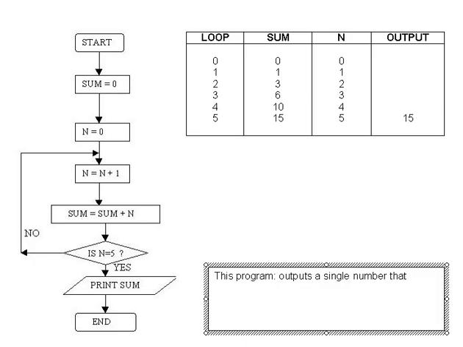It puts out a single number that is the sum of the numbers from 0, because we started with n as 0, to 5. So it outputs 15, which is the sum of the numbers from 0 to 5. And if in this decision diamond right here we had changed this to n equal 10, it would put out the sum of all of the numbers from 0 to 10. Okay? And that's how you do a trace table.